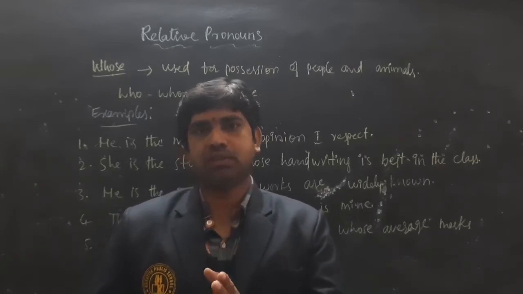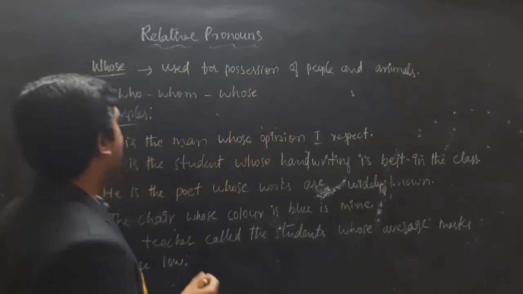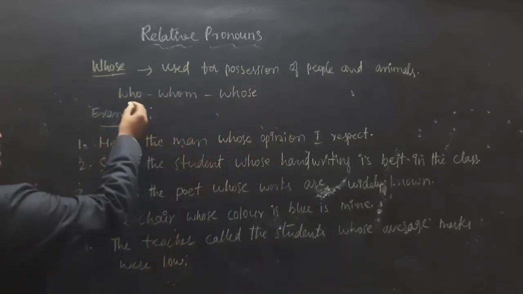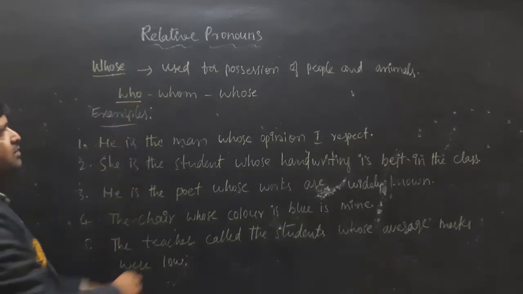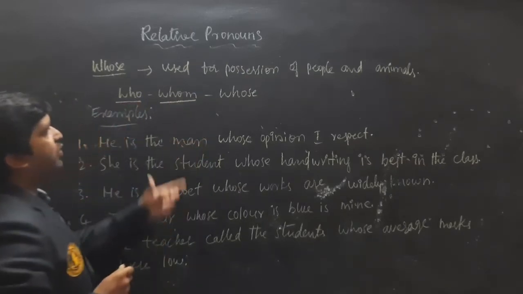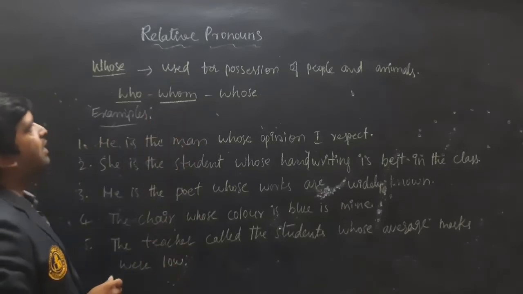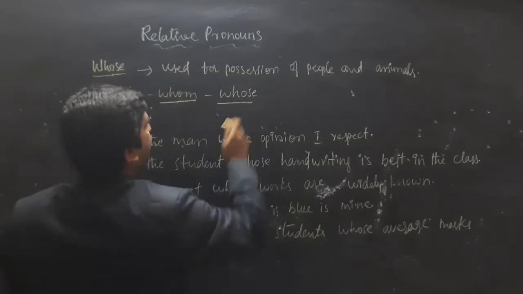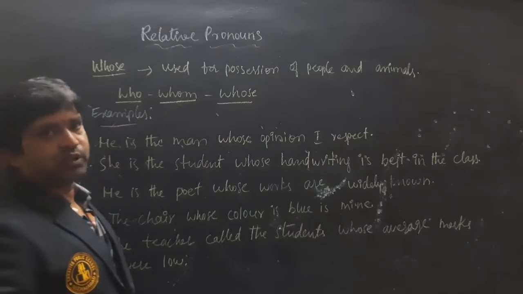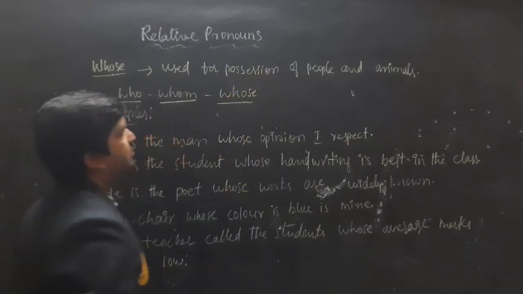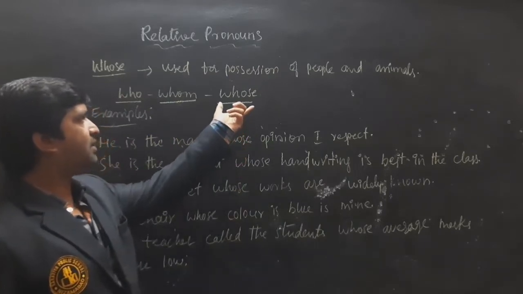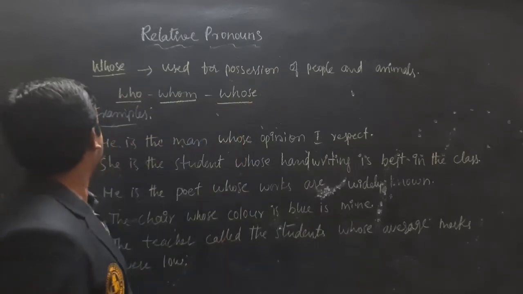Remember them? As we learned in the previous classes, who, whom, whose are used. Who is used with the subjective case, whom we use with the objective case, and whose we use for possession. For possessiveness we use whose.